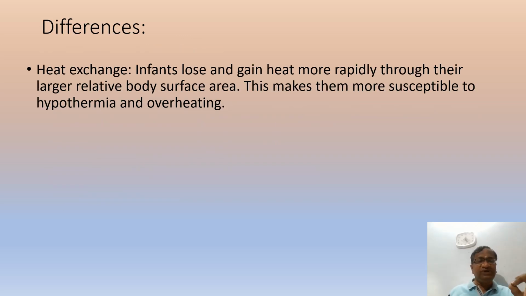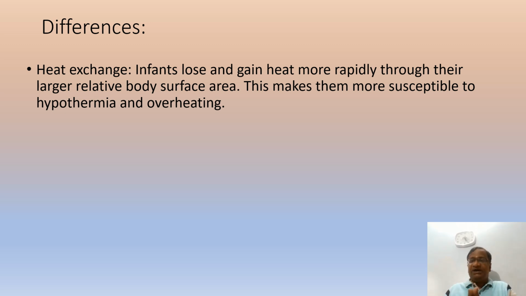What are the differences between adults and pediatrics? Infants lose and gain heat rapidly. That is the large surface area. We were talking about surface area being larger relative to weight in the previous slides.